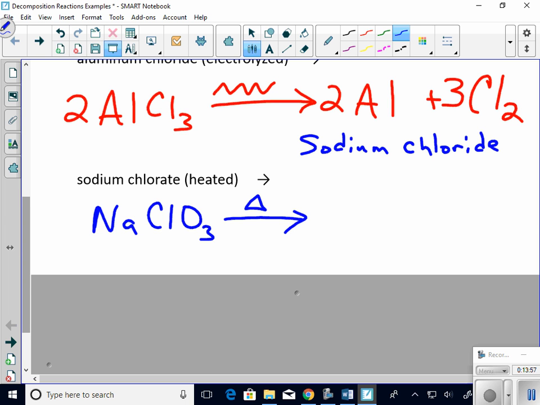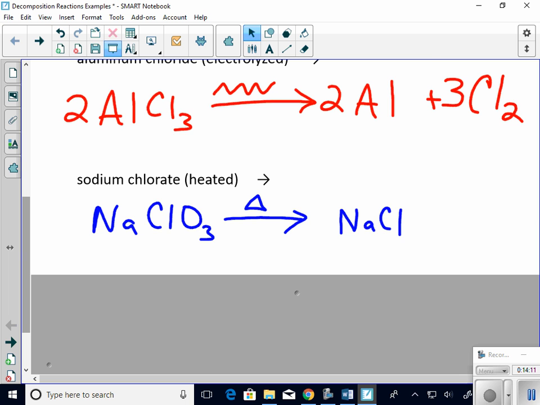I write out the words so that I can now write out the formula correctly. What's the formula for sodium chloride? NaCl. And what else does my help sheet tell me I have? Oxygen. Oxygen's a diatomic too, correct? So, am I balanced?